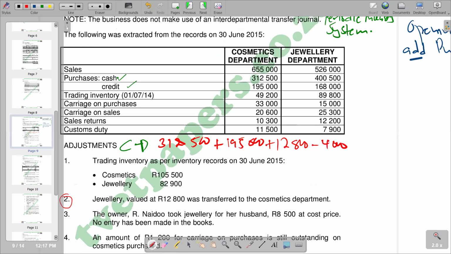So we calculate this time now. We are saying 304,500, and then we add our 195,000. I'll add again 12,800, and then we subtract 4,000. And the answer that we're supposed to get is 516,300.